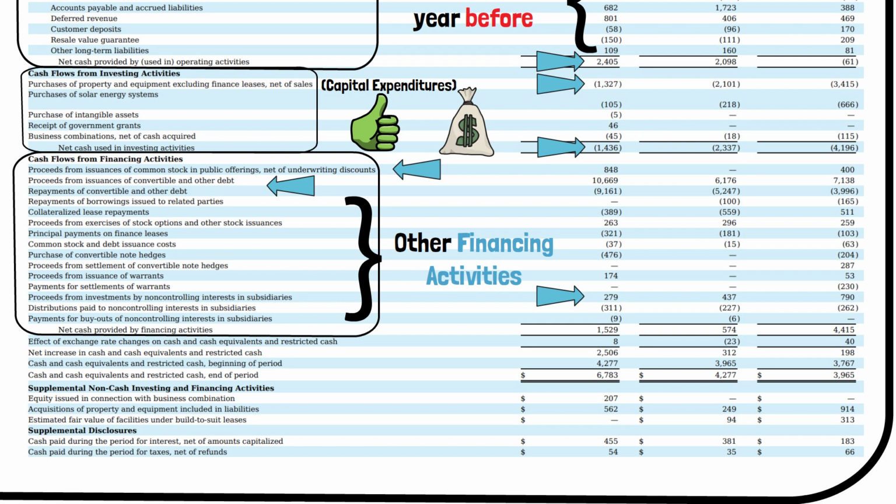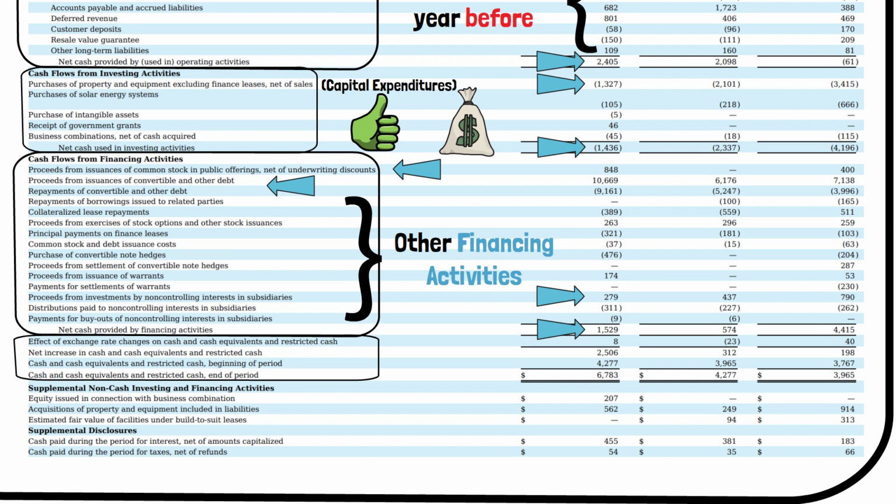After adding and subtracting all the cash used and received from financing activities, you'll see that the total cash Tesla received was $1.5 billion in 2019. At the end of the cash flow statement, you'll see the total amount of cash, cash equivalents, and restricted cash Tesla had at the end of 2019.